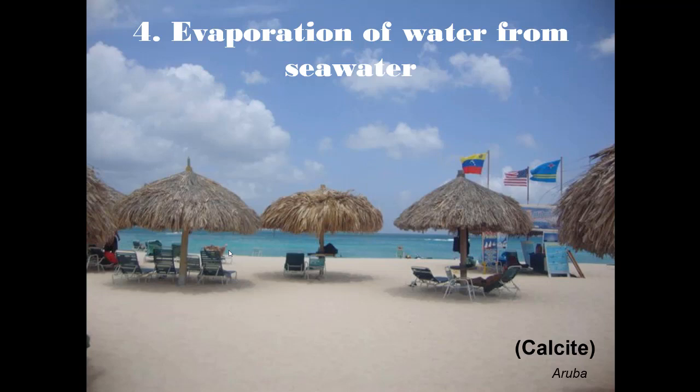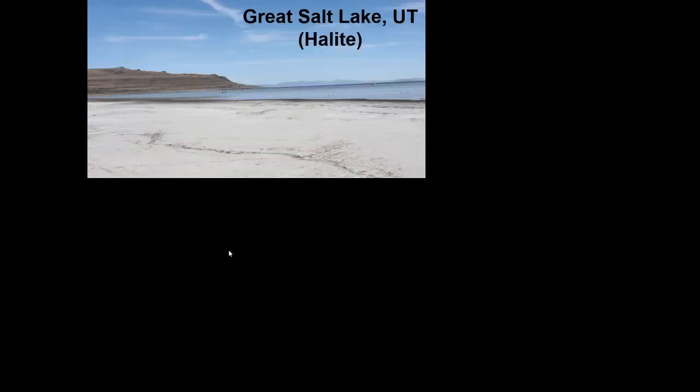When you take that water out by evaporation, it leaves the calcite behind, and the little tiny crystals of calcite cause the light to refract and make this blue color. Another example of minerals that form from the evaporation of seawater is the salt flats of halite near the Great Salt Lake in Utah.